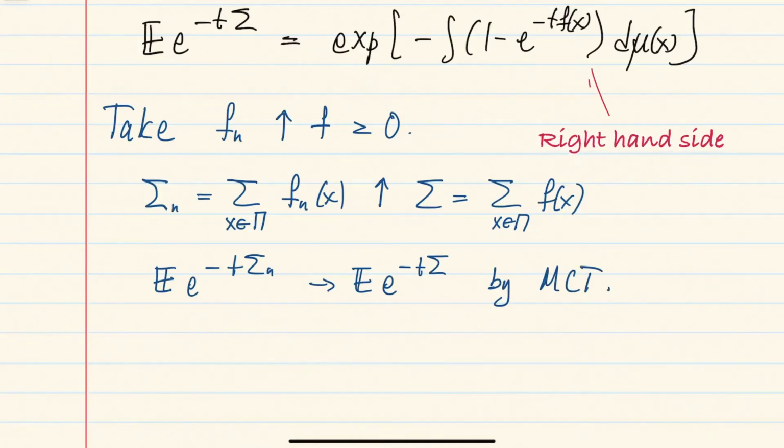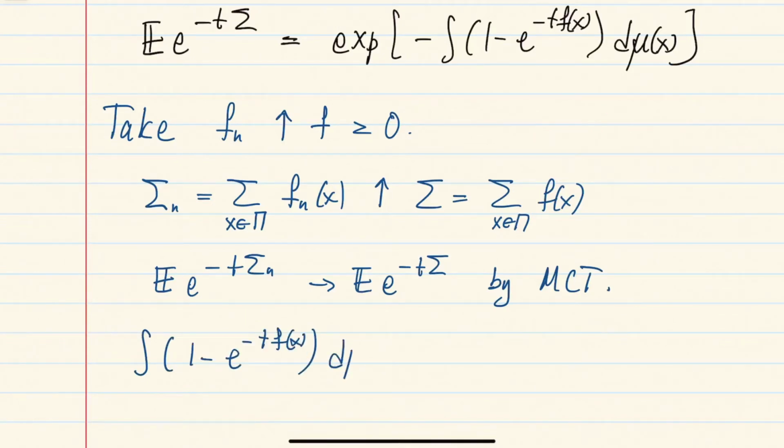And the same on the right-hand side. When you consider the integral with respect to the measure mu, if you replace f by fn, again for any non-negative t, the integrand will converge monotonically.